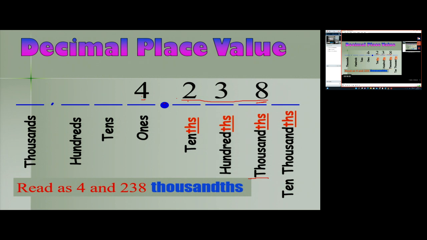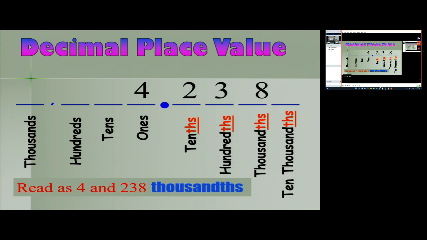Okay, again, 4 and 238 thousandths, since the last digit is on the thousandths place. Okay? Do you follow?